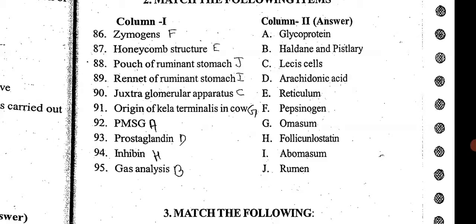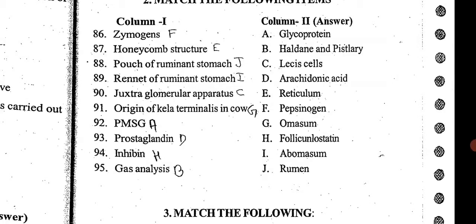Omasum has the origin of chela terminalis in cow. Pregnant mare serum gonadotropin is a glycoprotein. Origin of chela terminalis in cow is omasum, and the rennet of ruminant stomach is in abomasum.